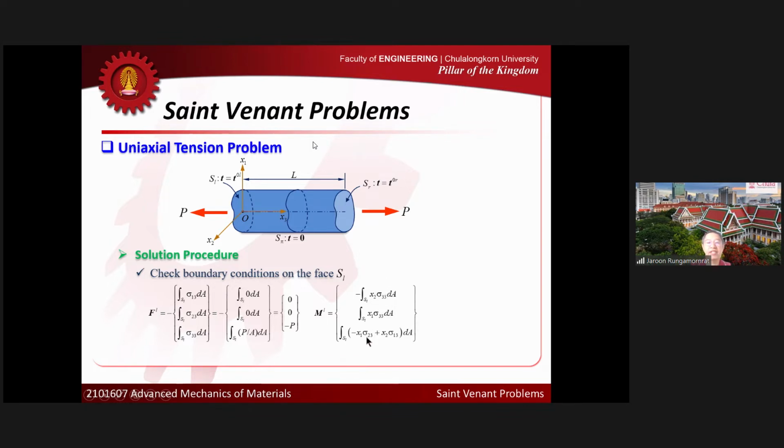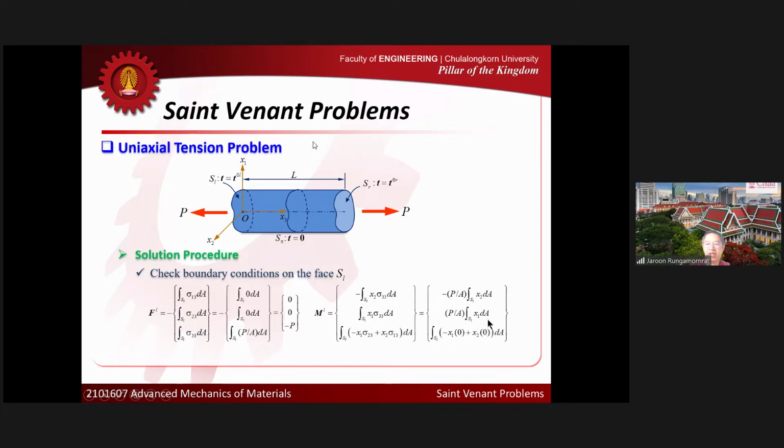And sigma 2 3 and sigma 1 3 are 0, right? So the last component disappears. Now we get something like this. We use the fact that P over A is constant, so I simply move it out of the integral.